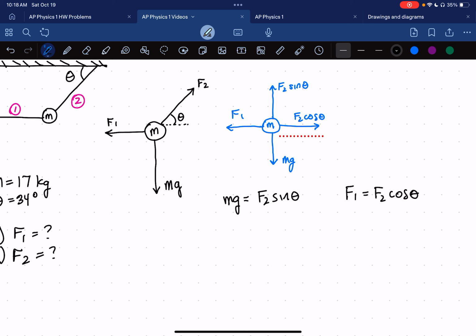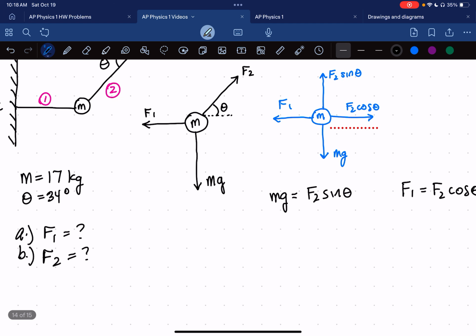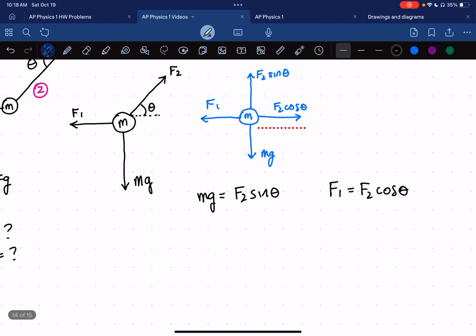But I'm going to use a method of substitution. I want to find F1 first. And so if we create an expression for F2 and plug that into this equation in terms of mg and sine theta, we can solve F1 first. So that's what we will do.